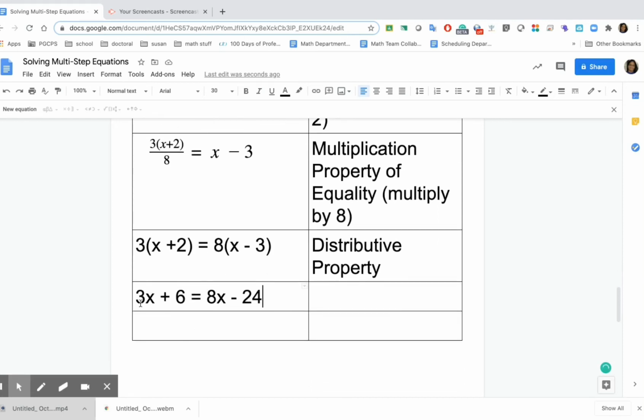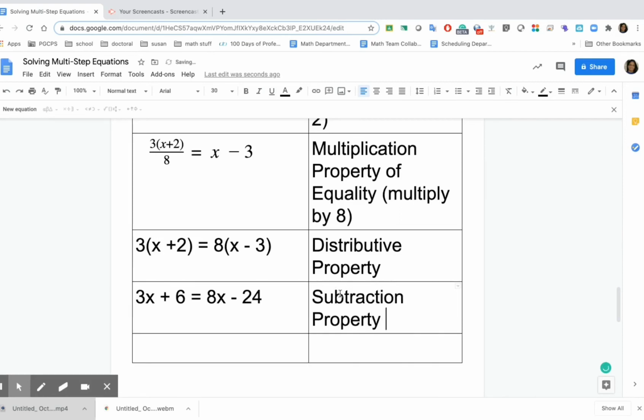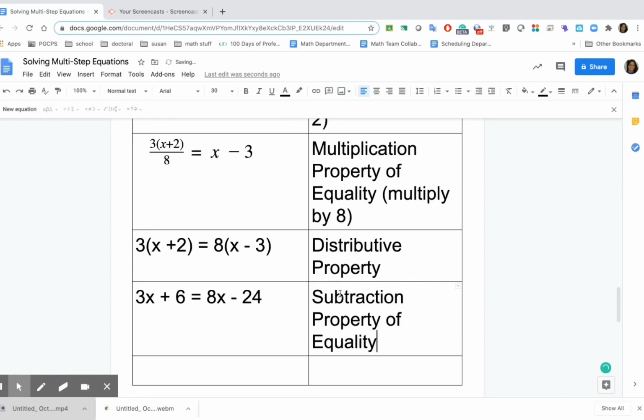Now, you will still have variables on both sides. So let's say I want to put 3x to the right side. So I will use the subtraction property of equality. I will move 3x to the right side so that the coefficient of x will become positive.